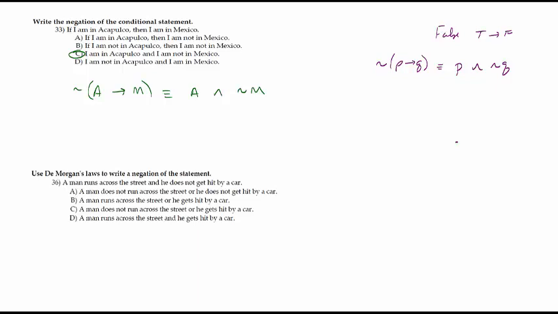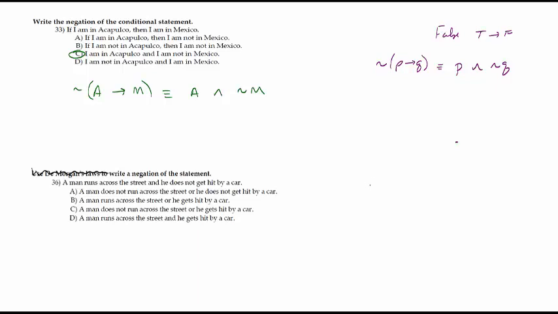Okay, so number 36, these deal with De Morgan's laws, and on the test I may or may not say use De Morgan's laws. What if I just said write the negation of the statement? Then you need to know you use De Morgan's laws to write the negation. We need to know two equivalencies, and they're very similar to each other.